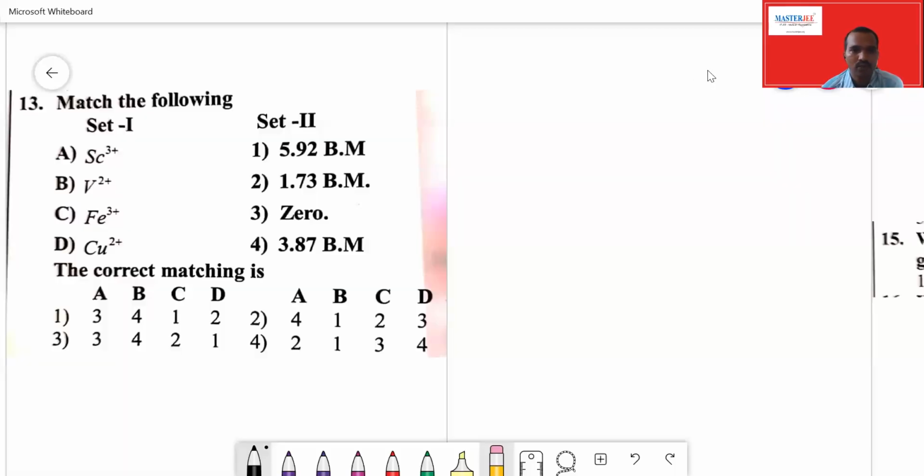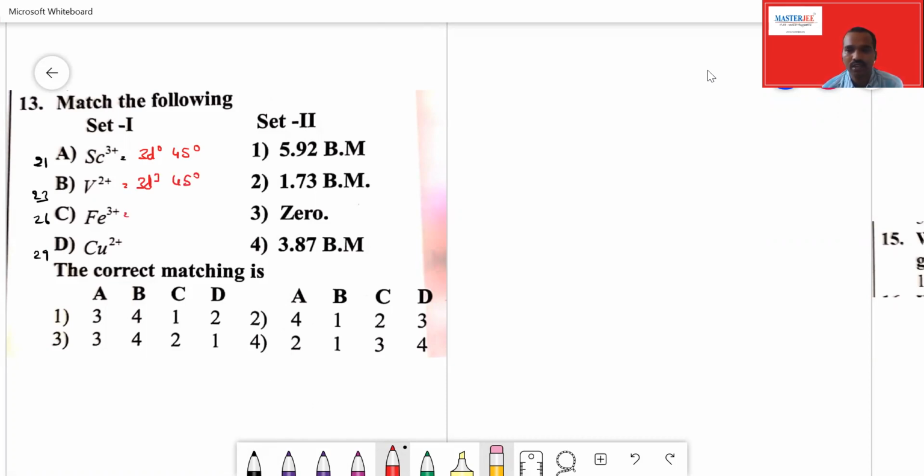Next, see here, match the following they're asking. Scandium +3, whose atomic number is 21; vanadium +3, vanadium 23; iron 26; copper 29. After losing 3 electrons, its electronic configuration is 3d0, 4s0. Vanadium: 3d3, 4s0.